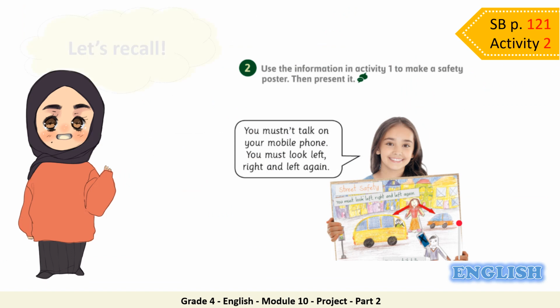Now, let's recall together the previous lesson. Please refer to Student Book page 121, Activity number 2. In the previous lesson, we looked at a poster about street safety, and we also read some rules about how to be safe on the street.